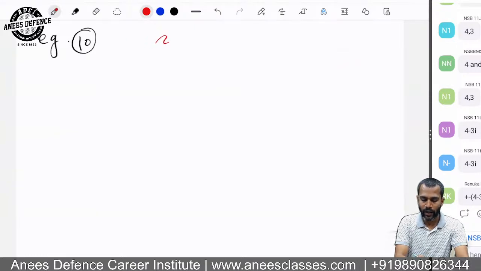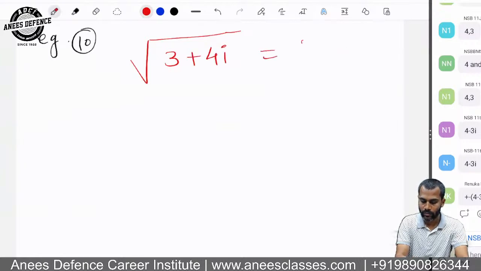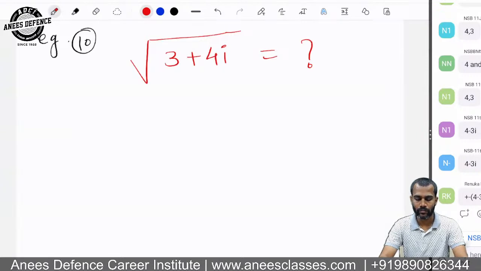Please try to find the square root of 3 plus 4 iota. What is x here?